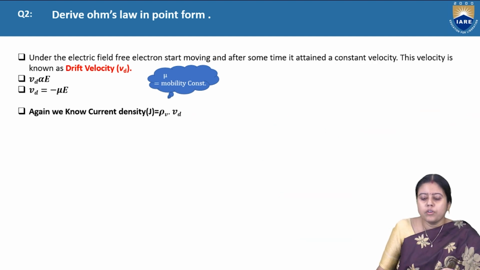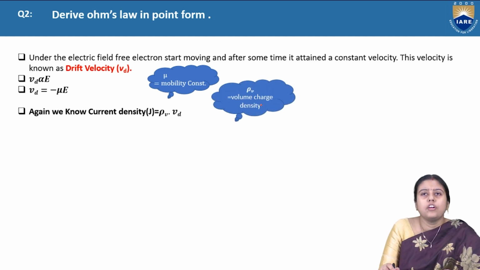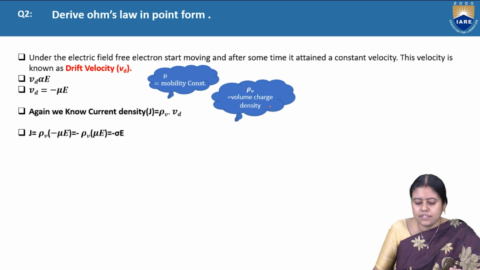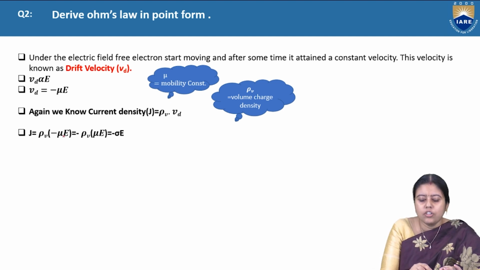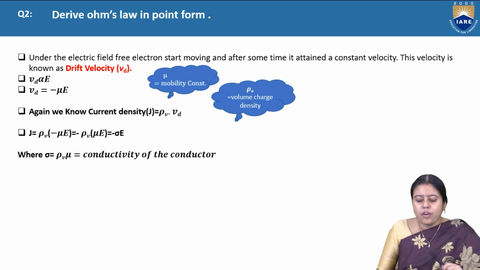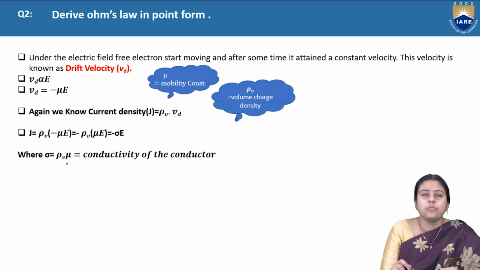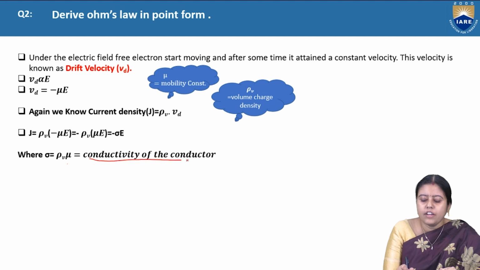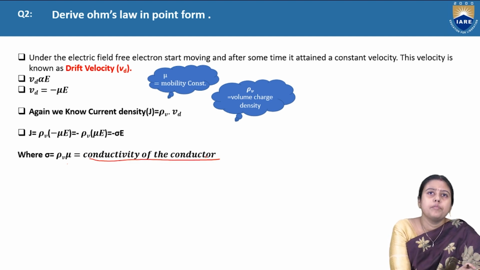So we got the two equations. If we put the value, where rho v is the volume charge density as we discussed earlier, J is equal to rho v, and in place of Vd we write minus mu E, so minus rho v into mu E. Rho v into mu can be written as sigma, so J is sigma into E, where sigma is equal to rho v into mu, the conductivity of the conductor. So the conductivity of the conductor depends on the mobility constant.